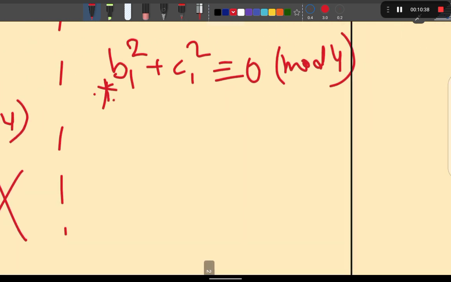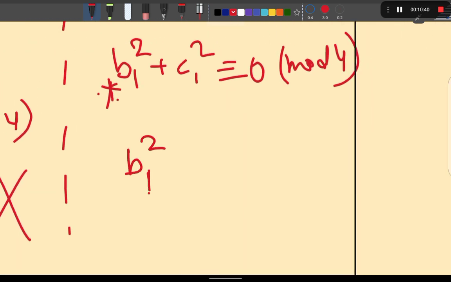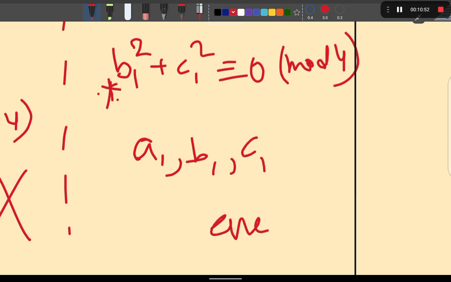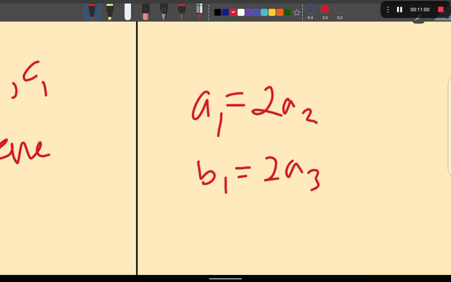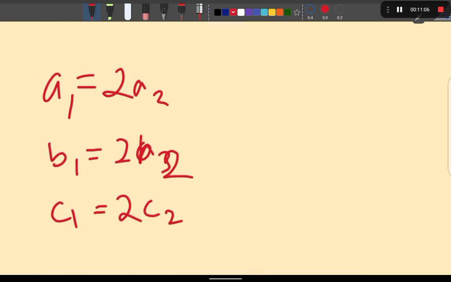So by this, similarly, we can conclude a1, b1, c1 all are even. So now again we can put a1 equal 2a2, b1 equal 2b2, c1 equal 2c2. So this just keeps going on, right?